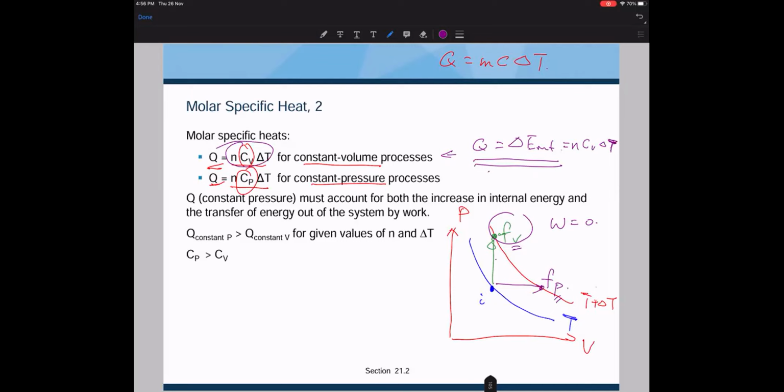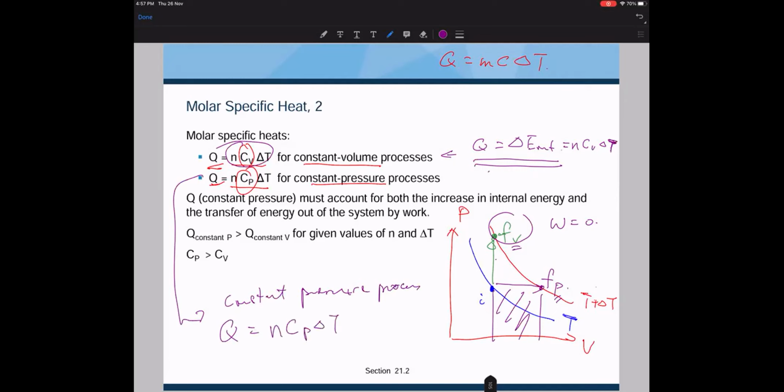On the other hand, in a constant pressure process, apart from internal energy change, you have the work done. So you could say in the constant pressure process, the heat involved is equal to NCP delta T, which is of course what I have on the lecture slides, but it should be equal to internal energy change plus the work done, which is the first law of thermodynamics.